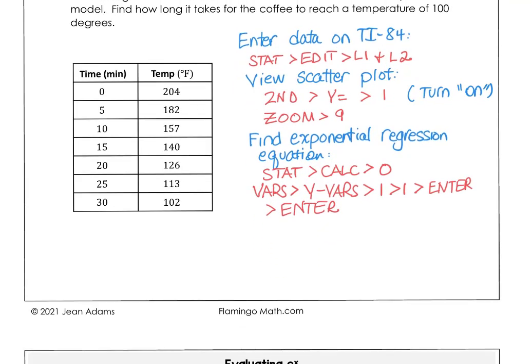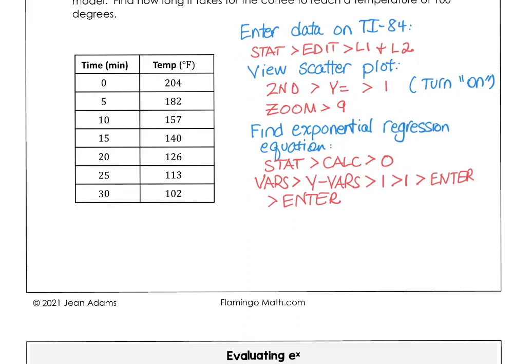And our equation is going to be y equals 201.719 times 0.9770 to the x power.